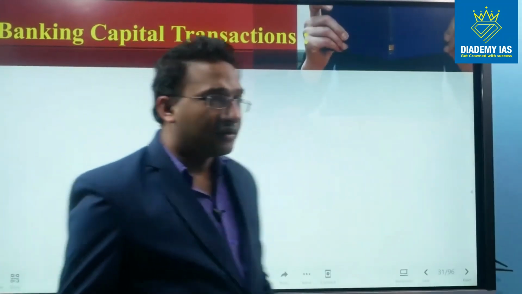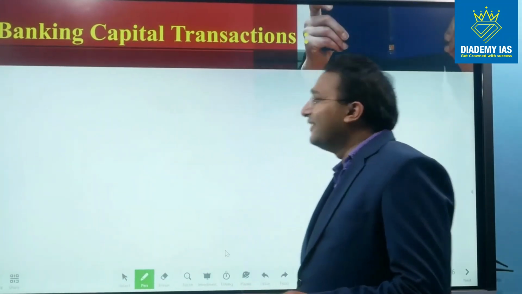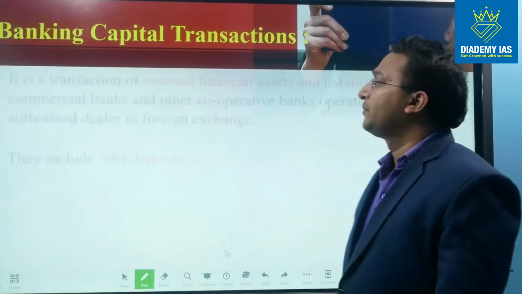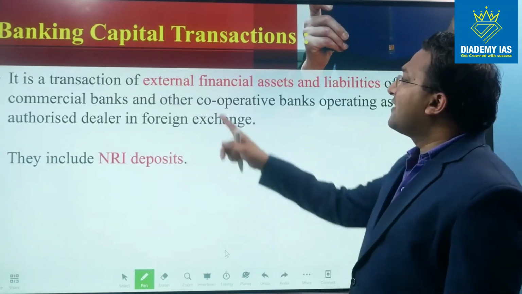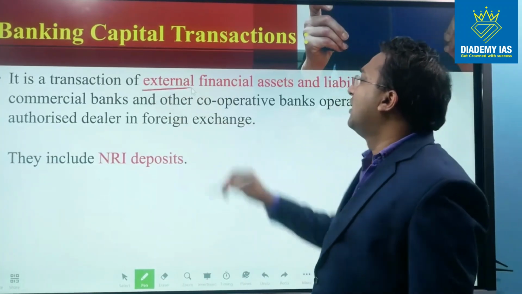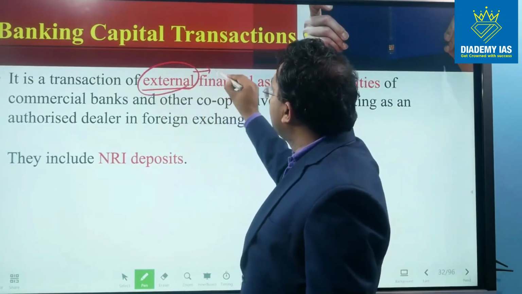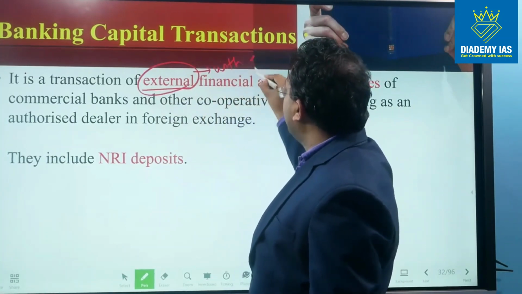a little bit of the language part. So in the language, you will get more concept from this discussion itself. So it is a transaction of external, that is, external basically means foreign country.